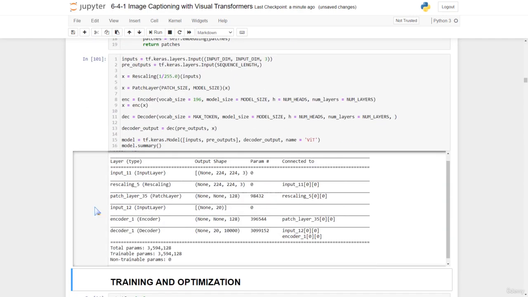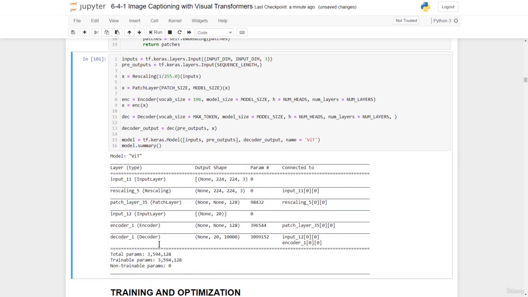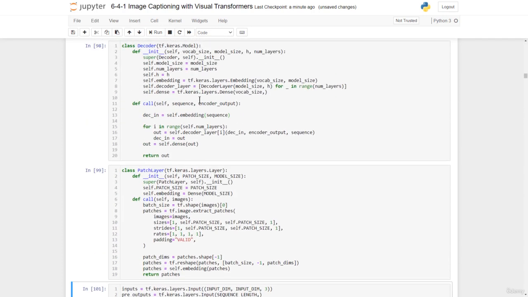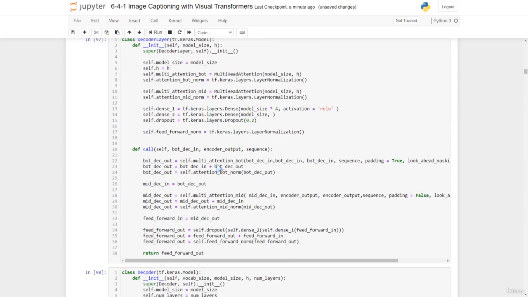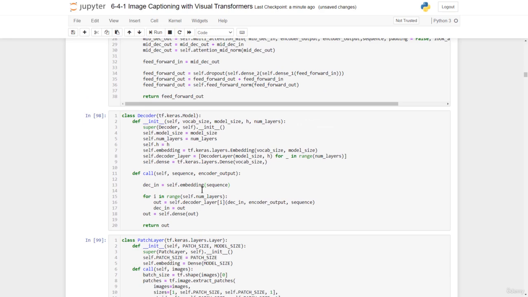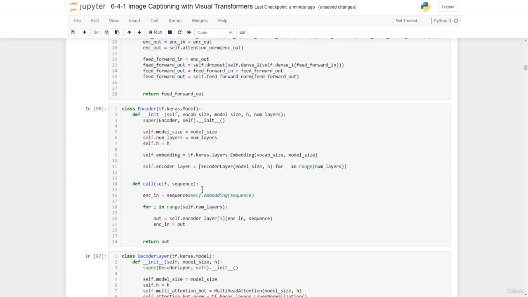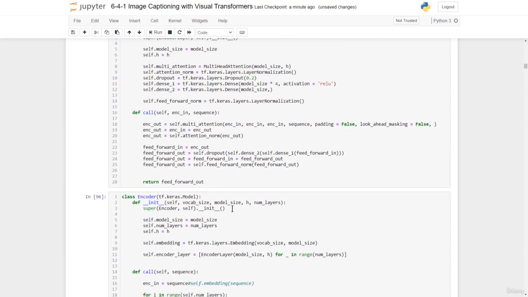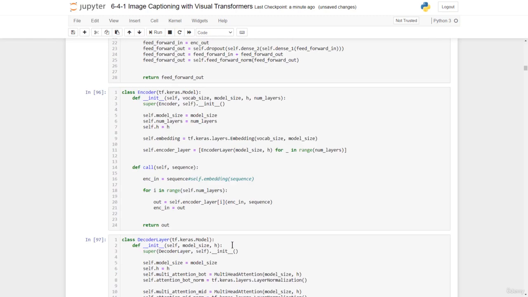And there we go. We have this model which is of about 3.5 million parameters. Also note that we could as well pre-train this encoder, that's from the patch layer to the encoder layer. We could pre-train it on a classification task before fine-tuning it on this image captioning task.